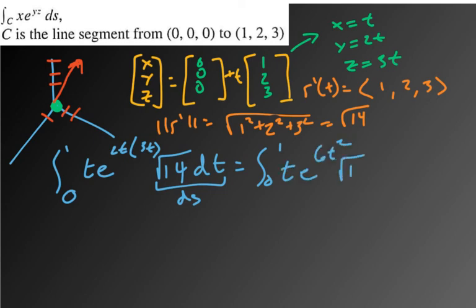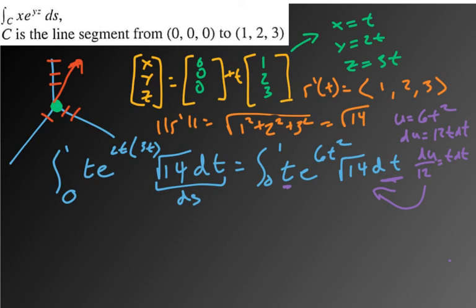And then square root of 14 dt. And I'm not going to spend too long solving this one either. I would do u equals 6t squared, because then du is 12t dt, right? And so you have a t dt. So du over 12 is t dt, and you could pop that in and just do a u-substitution. That's basically how I would go about it.